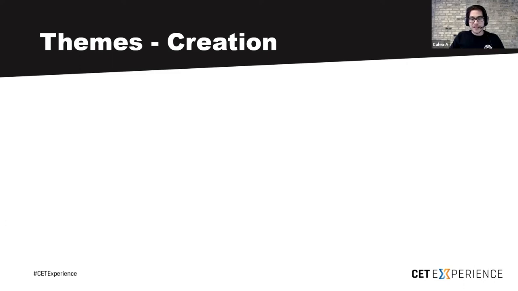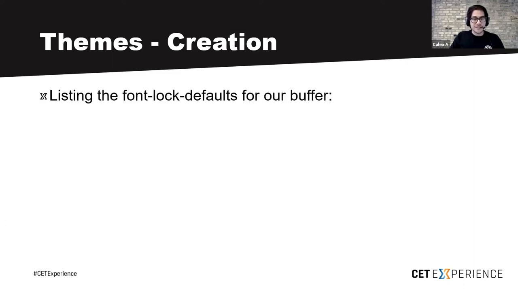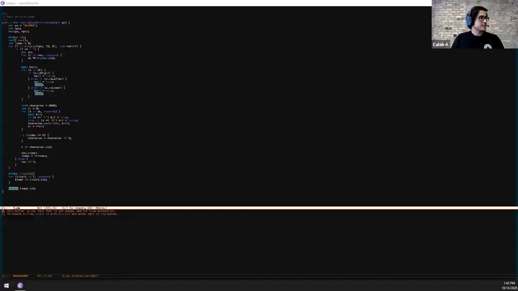We are able to get a full list of our faces for our current buffer using our good friend Control-H V with that variable font-lock-defaults. So if you run this command, you'll see it spit out the 4 lists from C mode. And those lists are actually where the actual pattern value pairs exist. So let's take a look at that list now.